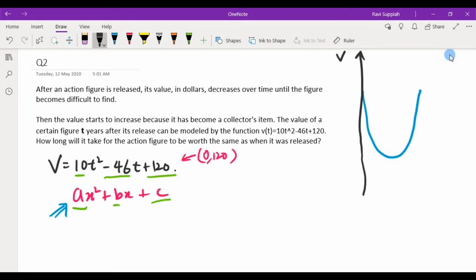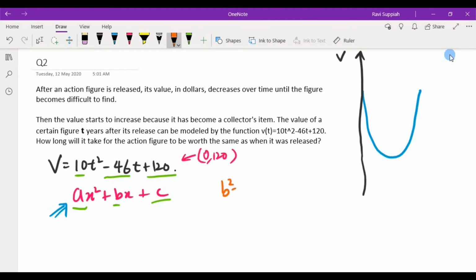Now, does it actually touch the t-axis? That is another thing we can quickly determine by looking at the discriminant. What is the discriminant? The discriminant is b squared minus 4ac.